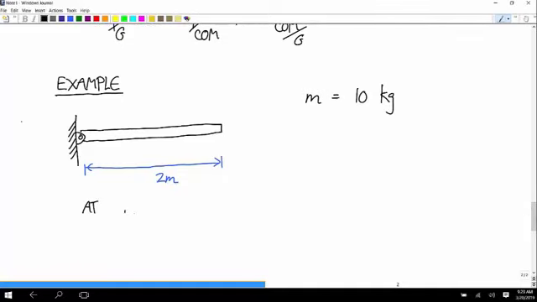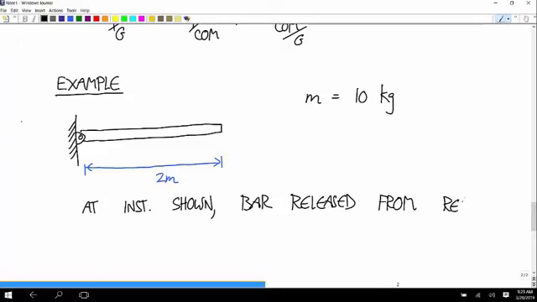At the instant shown, this bar is released from rest. What's the acceleration of the point P at the end of the bar?